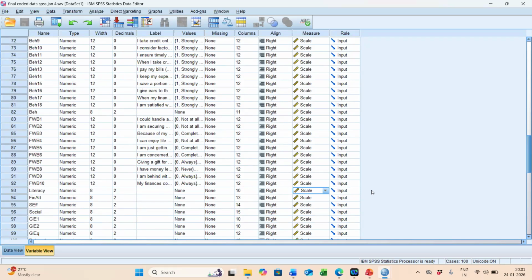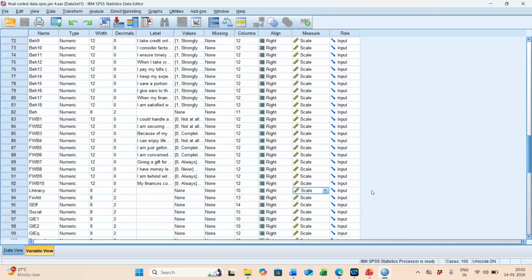I have changed the measure, but that is not the procedure. If you want to convert this financial literacy into scale data, you can do it simply by calculating the standardized value. That is a transformation you have studied. Automatically, an ordinal data will become continuous data.